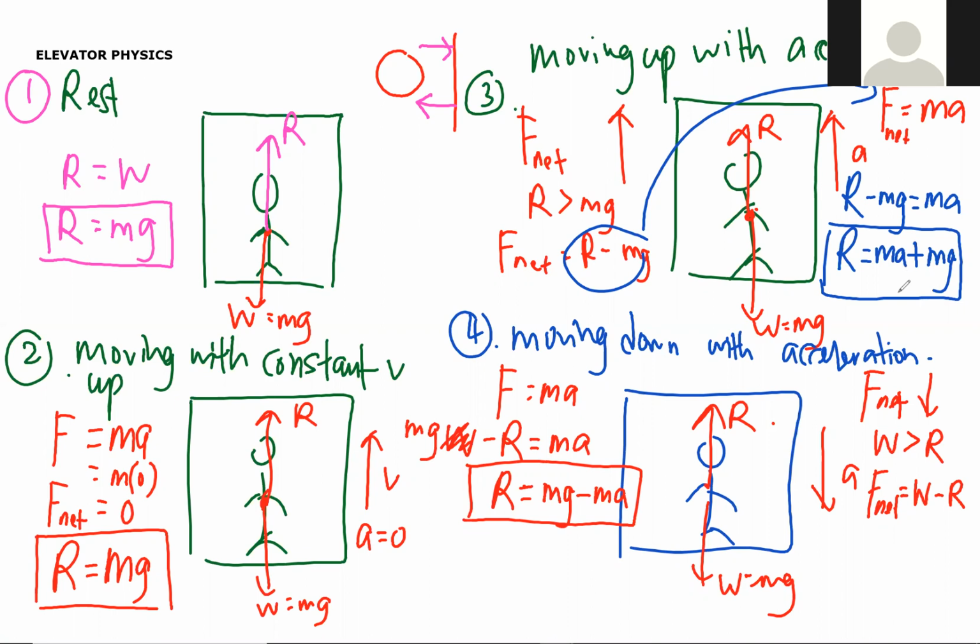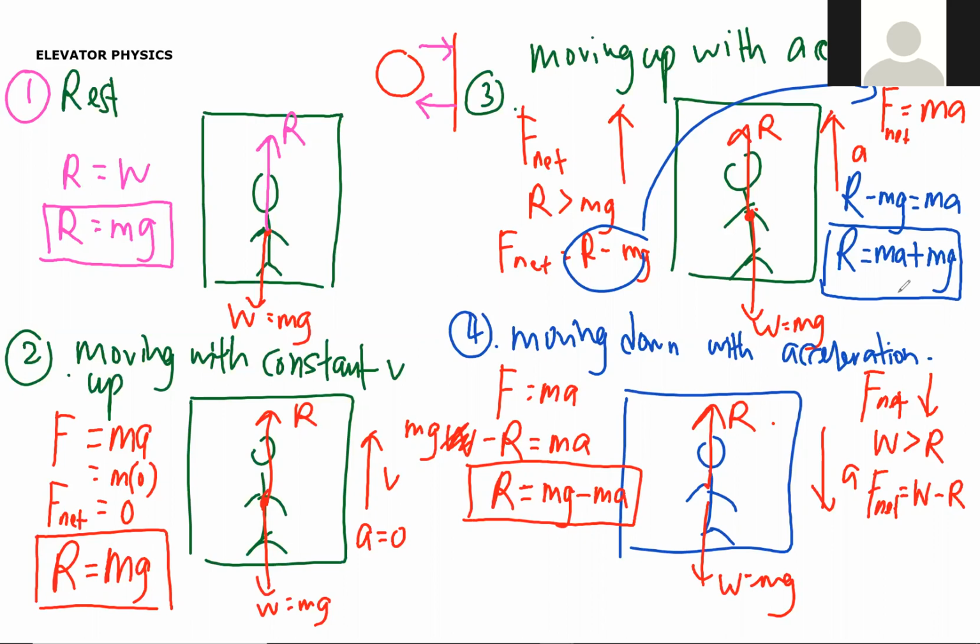That is why when you stand inside a lift that moves up, you feel heavier. You feel your weight is greater because the support force R is greater now. The support force must apply an excess over the gravity force to accelerate you upward.